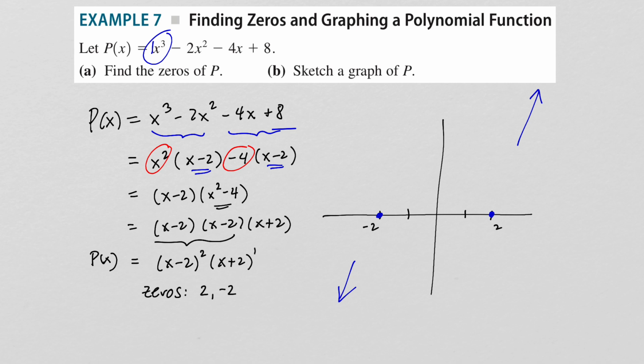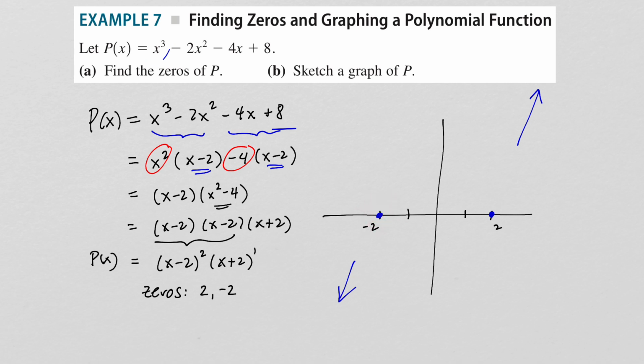Well, at x equals positive 2, notice that that factor has even multiplicity. So what that means is at this 0, it's going to come down and touch and turn around. And then at the other 0, at negative 2, which comes from the factor x plus 2, this has odd multiplicity, so this is going to be a pass-through type of 0.